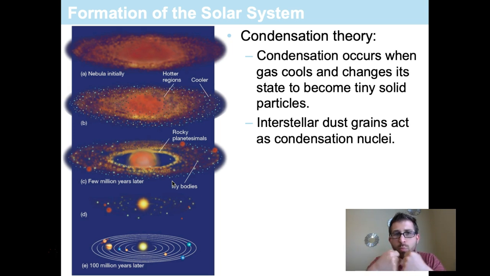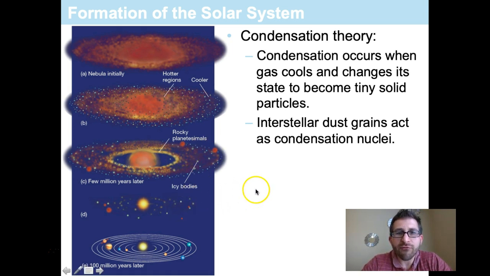So once this process starts, we have the condensation sequence starting to take over, and the things that are in very, very close proximity to the sun are going to have very, very high melting and freezing points. Things like rocky planetesimals.